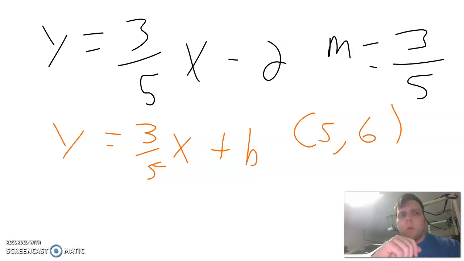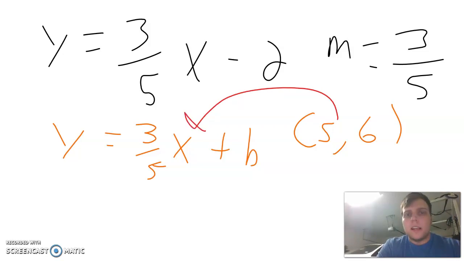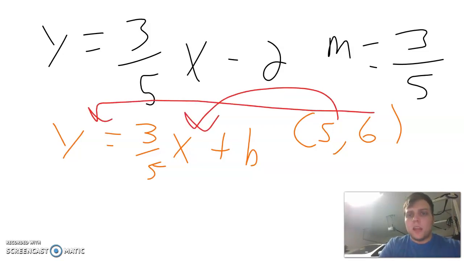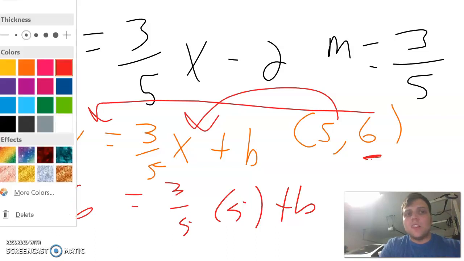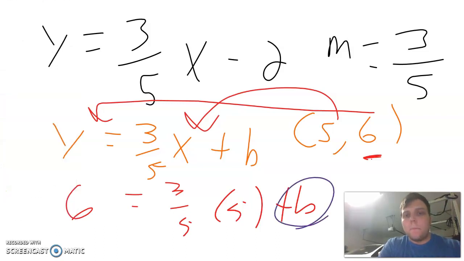So what we want to do is take this x value and plug it in for x, and take this y value and plug it in for y. So we say 6, because that was the y value, equals 3/5 times 5 plus b. Now we're going to isolate and solve for b.